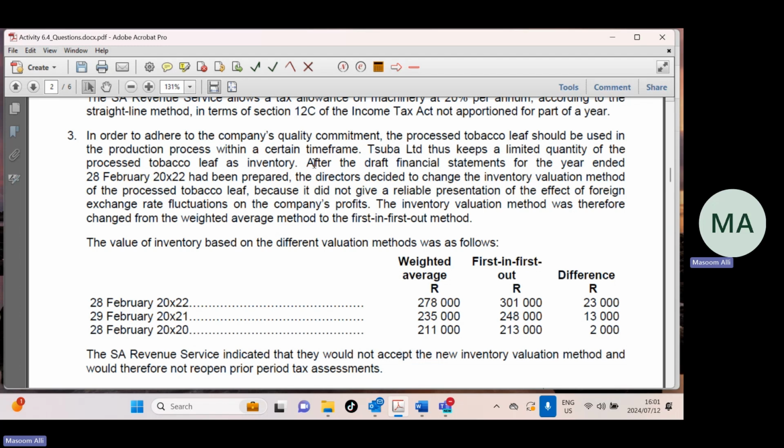Okay, this is important to highlight and to make use of later as well. This isn't information that's given by the way. Remember, when you do your change in accounting policy note, you would need to state why your accounting policy was changed in the first place. And the question is already giving you the answer to that. So use the information in the question. Don't go and think of your own answer somewhere.